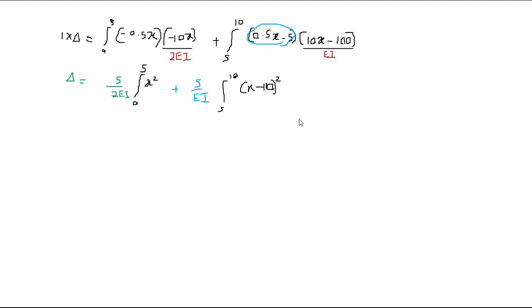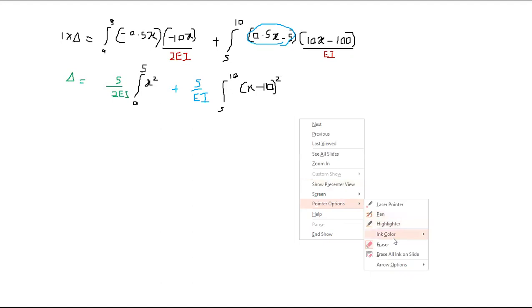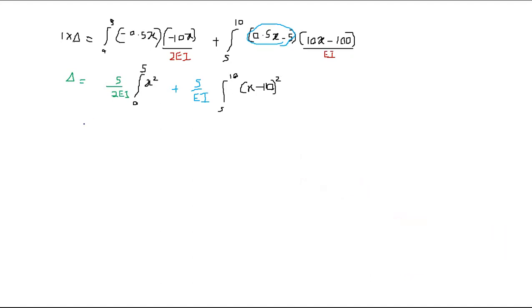Take EI out, and now you can integrate this. So this is going to be x cubed over 3, and the limits 0 to 5.